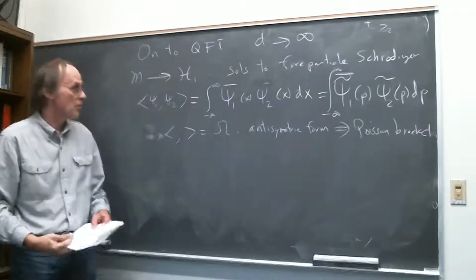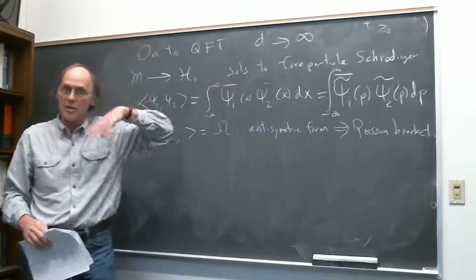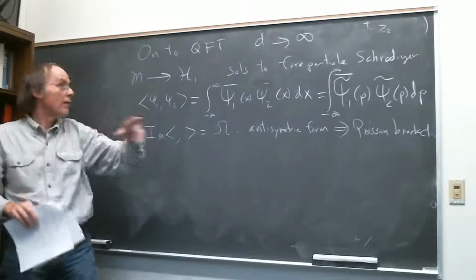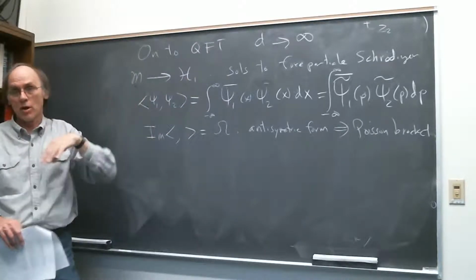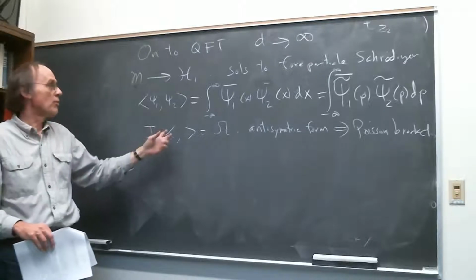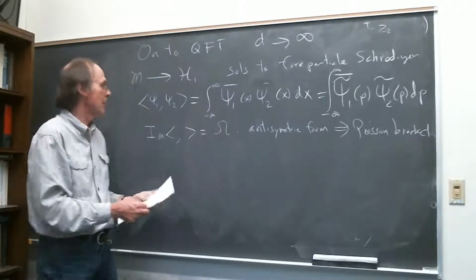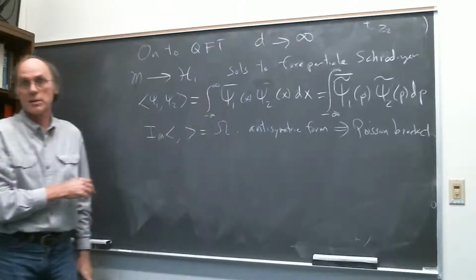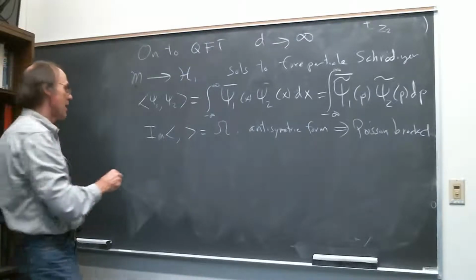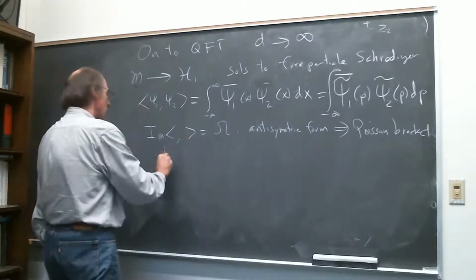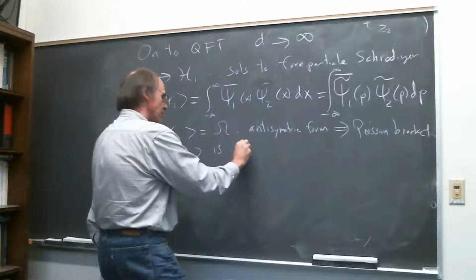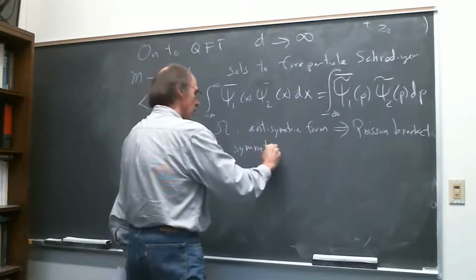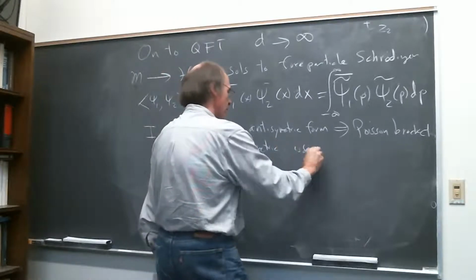That's how you get the standard story about a phase space: I said you could think of this as a phase space, and you need a Poisson bracket, which is just given by the imaginary piece of this. Also notice that the real piece of this is symmetric, and used for fermions.